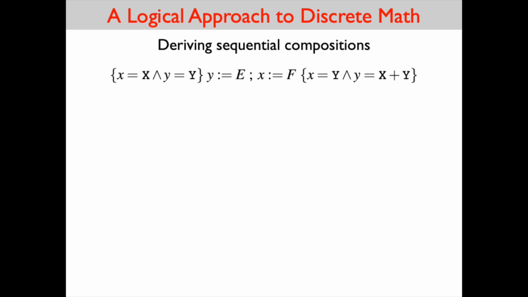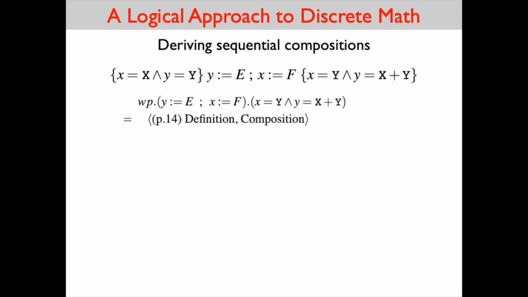Okay, so how do we perform this computation? How do we derive these expressions? We use deduction, 4.4, like we did in the previous examples, and we start by computing the weakest precondition of the two statements dot the postcondition. The first theorem that we use is the definition of composition, which is P.14.